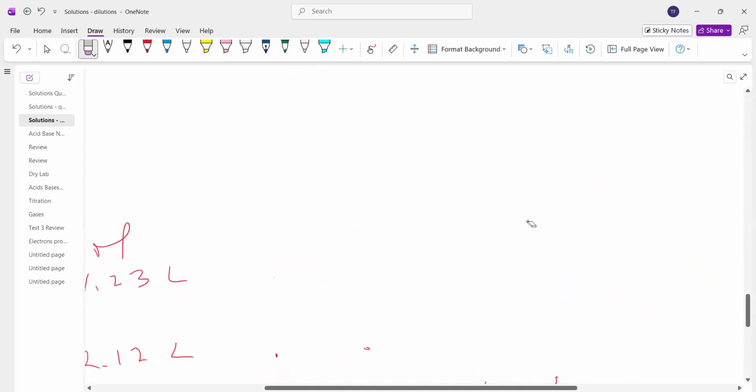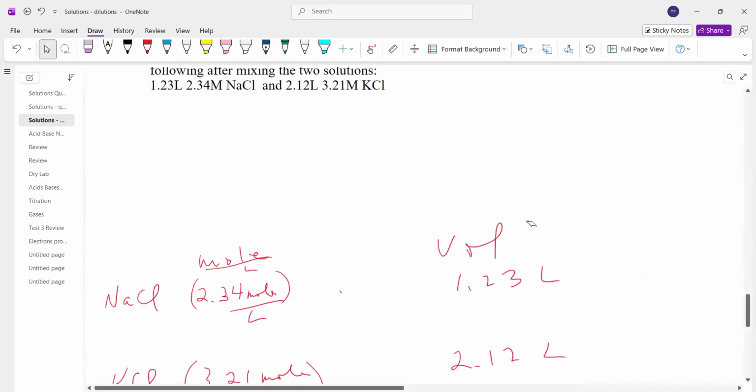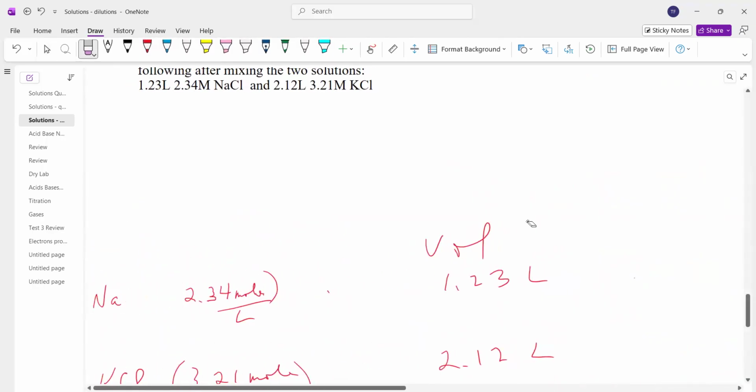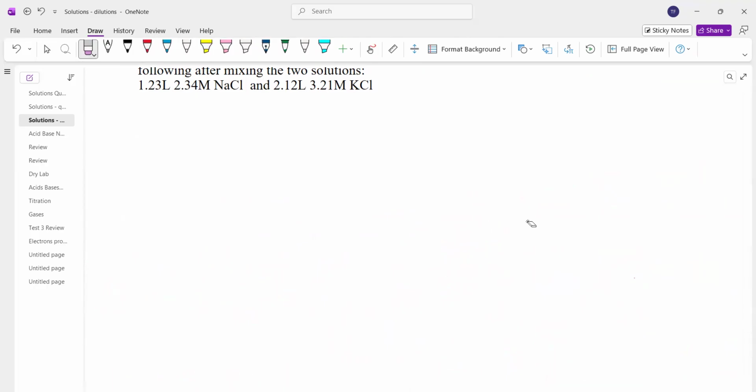Now this one's going to be tricky. Should say trickier.